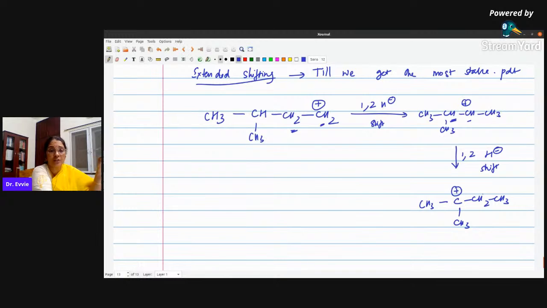Please remember, it will not jump to the third or fourth position just because there's something where it can be stable. It can happen only if there is a possibility of doing it step by step. It's not like it sees the whole compound and decides that position is more stable. So now this will be more stable.